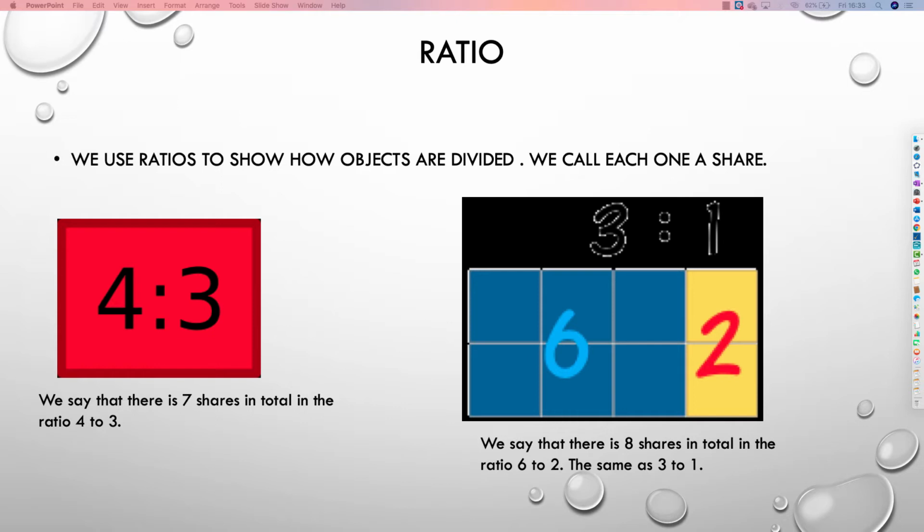Okay, so if I told you that something is in the ratio of 4 to 3. For example, I said to you €700 is in the ratio of 4 to 3. 4 to 3 has 7 shares in total. Is that okay?